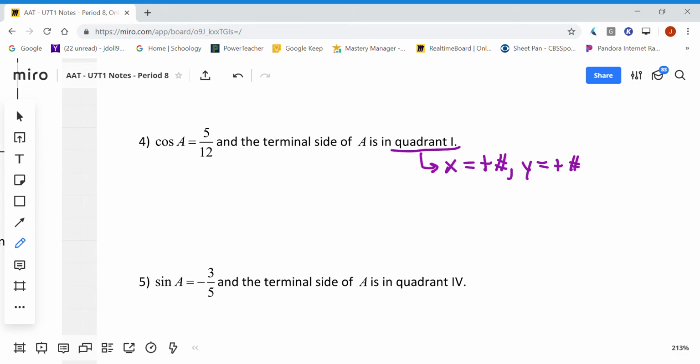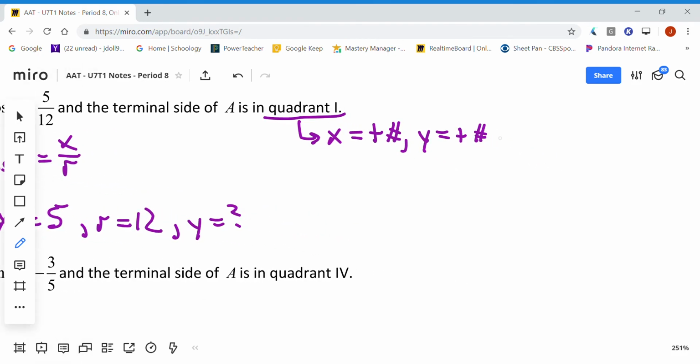So when we take this here, cosine of angle A is x over r, right? So if we compare these two, that's telling me x is 5 and r is 12. So the real question here to answer again is, what is y? Well, we're going to use our Pythagorean identity again to figure this out.